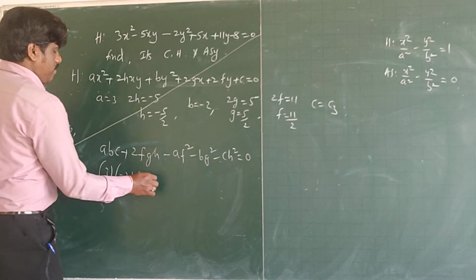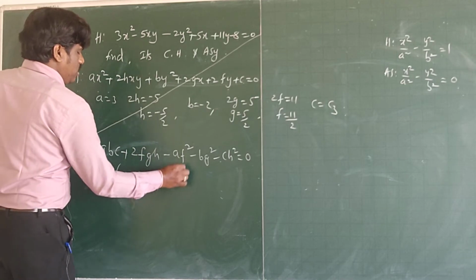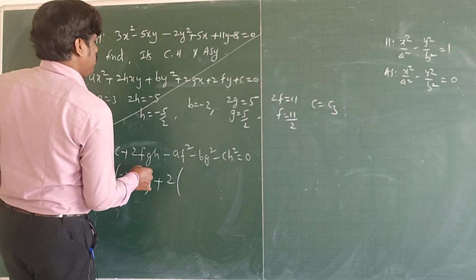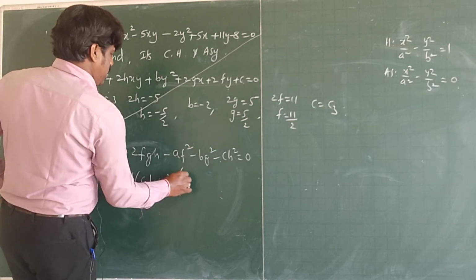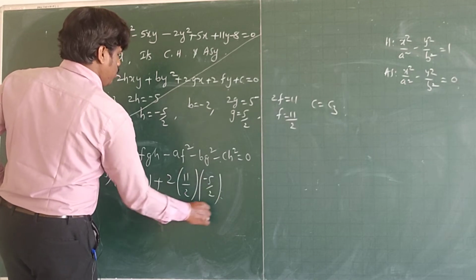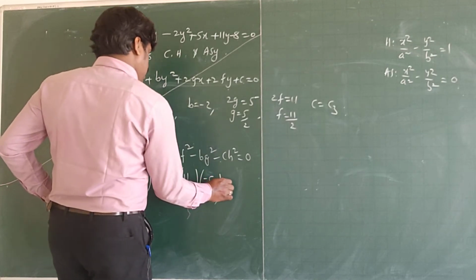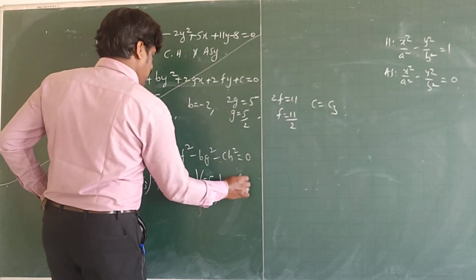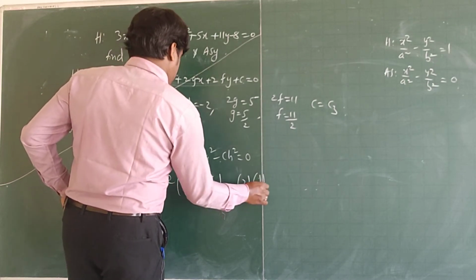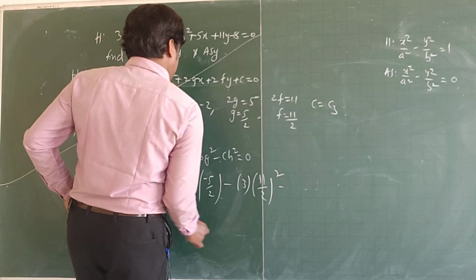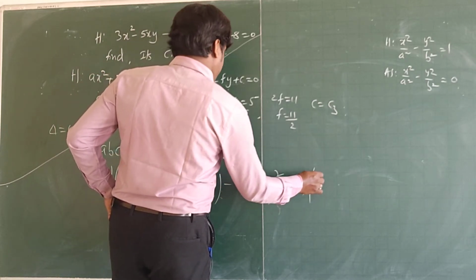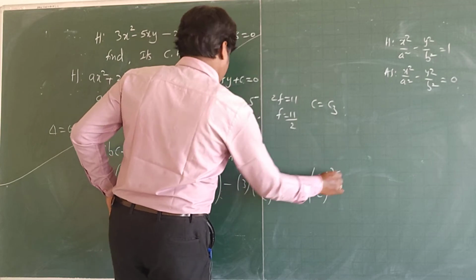Then plus 2 into f, which is 11 by 2, into g, 5 by 2, into h, minus 5 by 2. Next, minus a f square: 3 into 11 by 2 whole square. Minus b g square: minus minus 2 into 5 by 2 whole square.